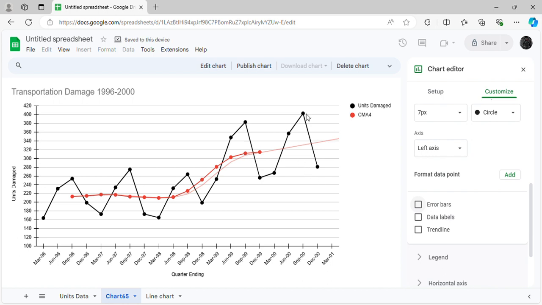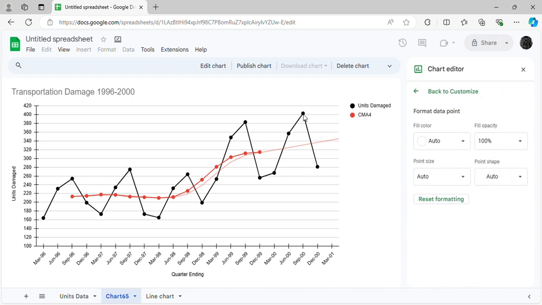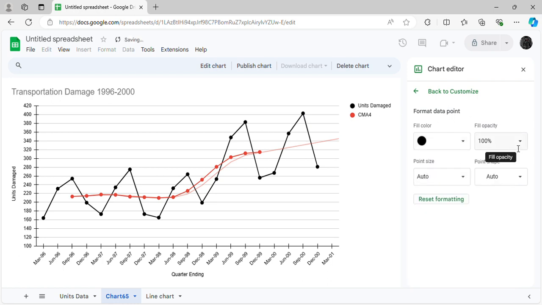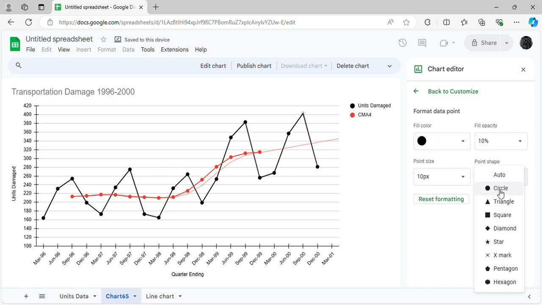And for fill opacity we want 10%, and point size let's make it 10px, and point shape circle.